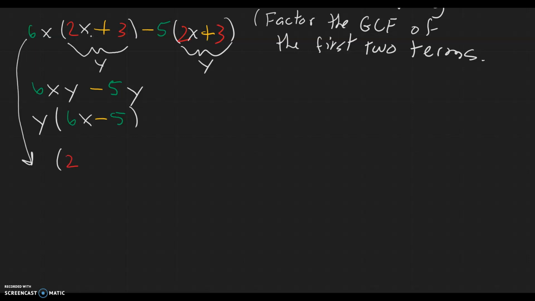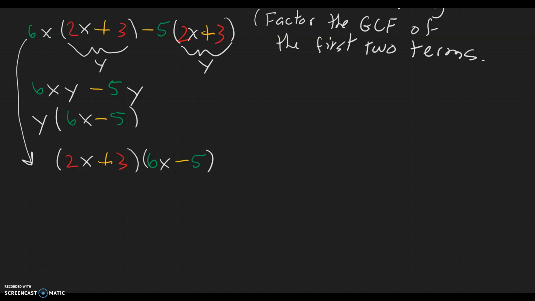So we have 2x plus 3, and then what are we left with? Well, we factored out the 2x plus 3, so we're left with the 6x minus 5. 6x minus 5.